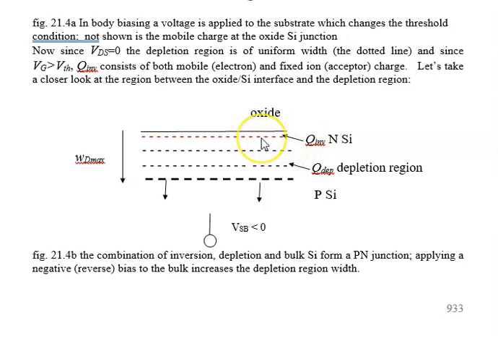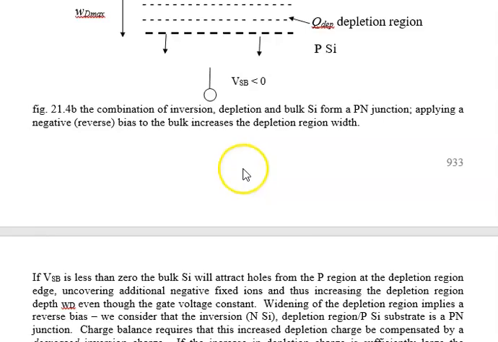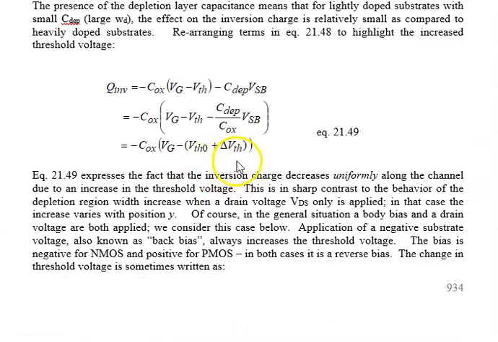In fact, I can decrease Q inversion to the point where it goes out of strong inversion, goes into weak inversion, and increasing it more, it goes out of weak inversion and back into depletion. So clearly now I have to apply a larger threshold if I'm applying a negative back voltage to go back into strong inversion. And that is exactly all that this equation states.